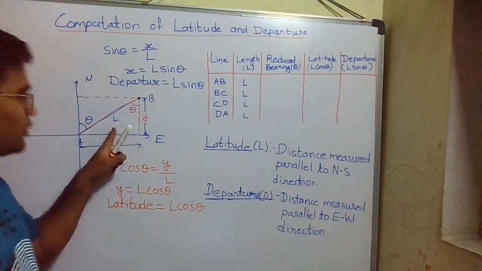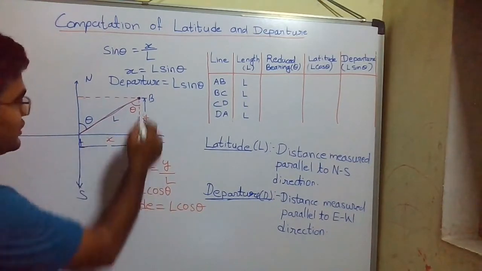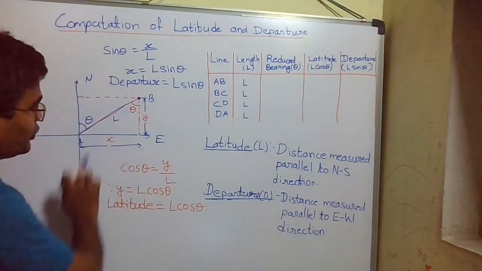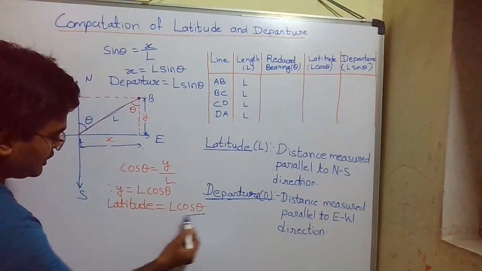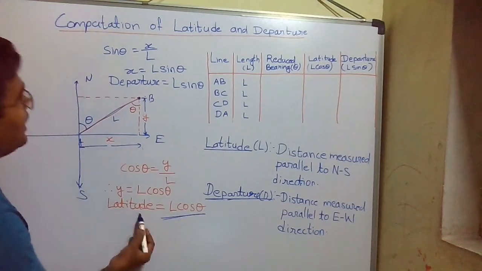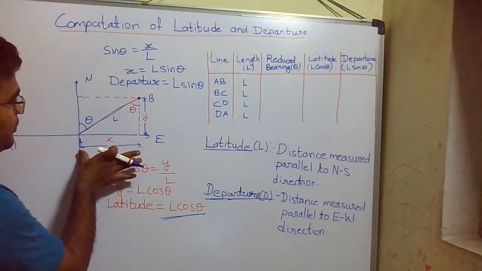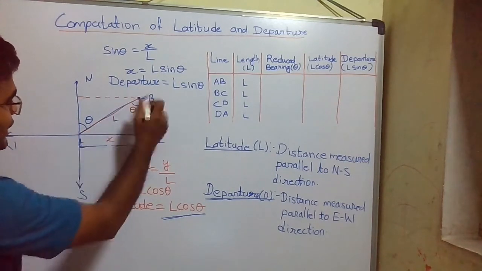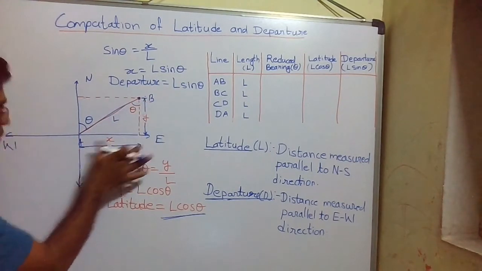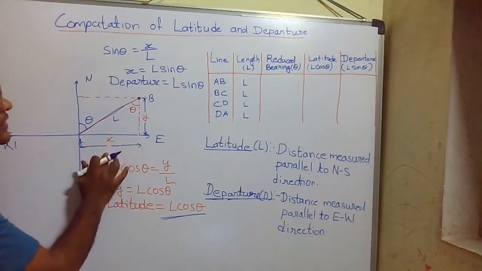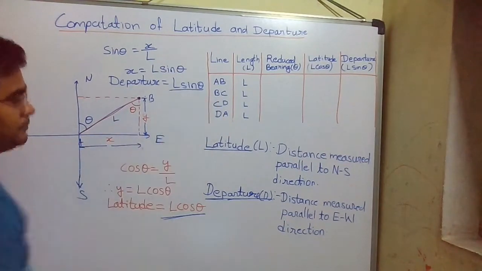So the latitude of this line, that is the distance parallel to the north-south direction, is L cos theta, and the departure of this line, that is the distance parallel to the east-west direction, is L sin theta.